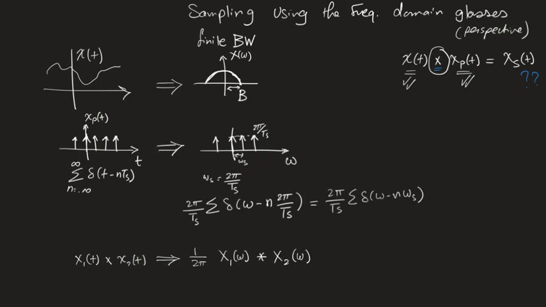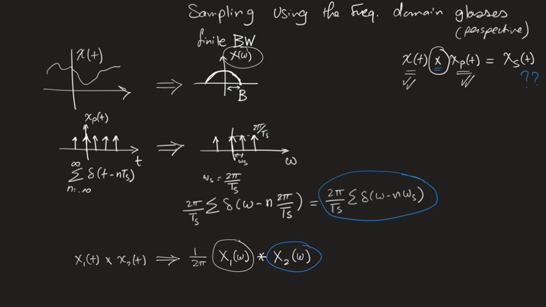So what's our x1 in this case? It's this guy. What's our x2 in this case? It's this delta function, this guy. Those are the two signals that were multiplied together in time domain, and to get the frequency domain result of that multiplication, I need the Fourier transform of the first, which I already wrote here as a general function, and the Fourier transform of the second, which is here.